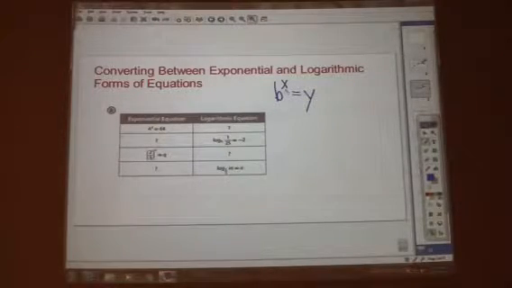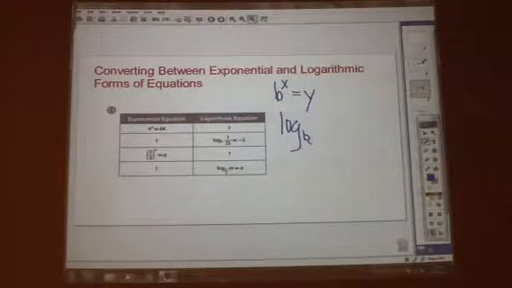Now I'm going to change that exponential formula to logarithmic. When you change it, you say the log, and this letter here, which was the base in the exponential, now becomes the lower base, the little subscript here. Is it subscript or superscript?